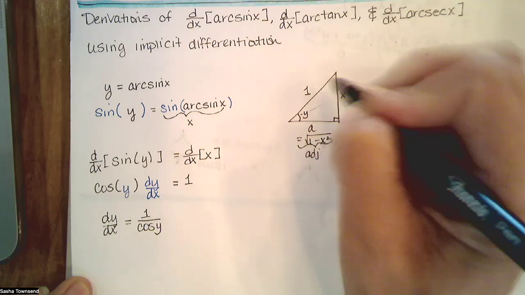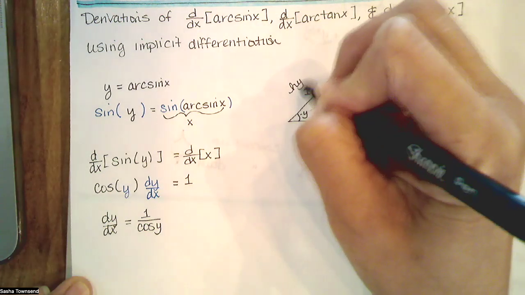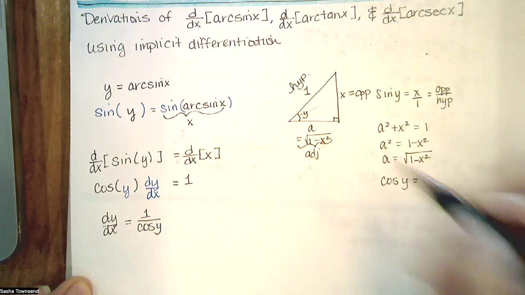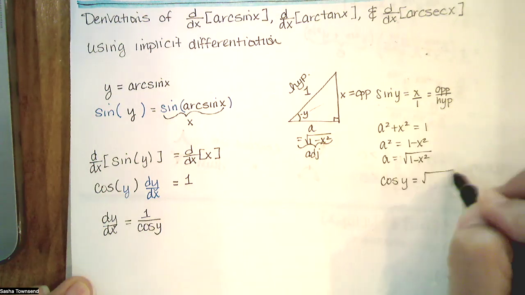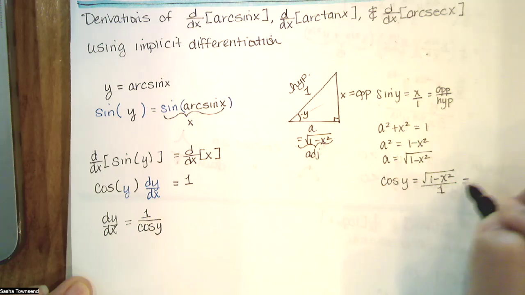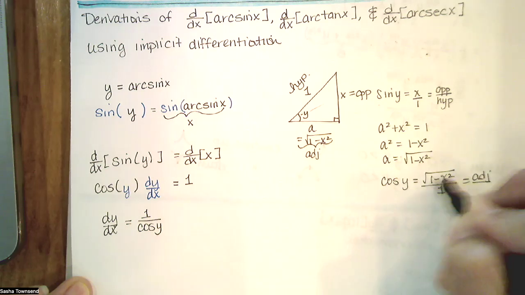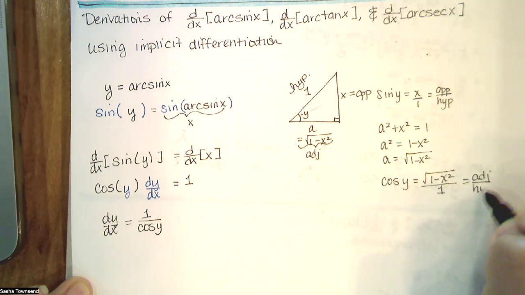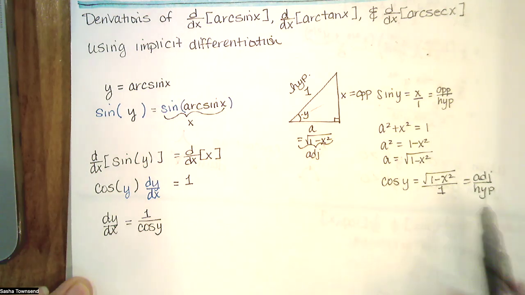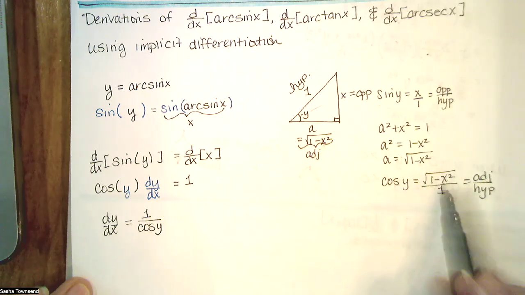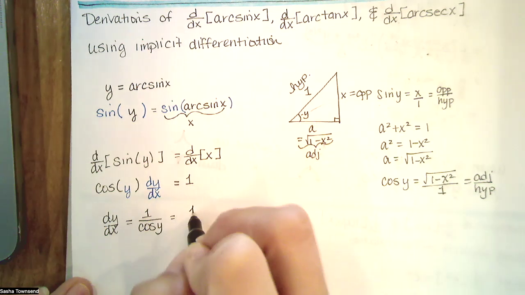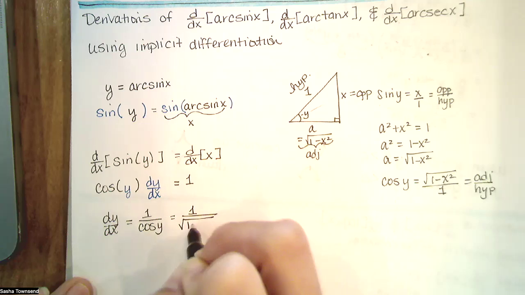We call that the opposite side. And then the hypotenuse is the one opposite the 90. So we have the adjacent side divided by the hypotenuse, which is just this function over 1. So our cosine of y in terms of x turns out to be the square root of 1 minus x squared. We substitute that in over here.